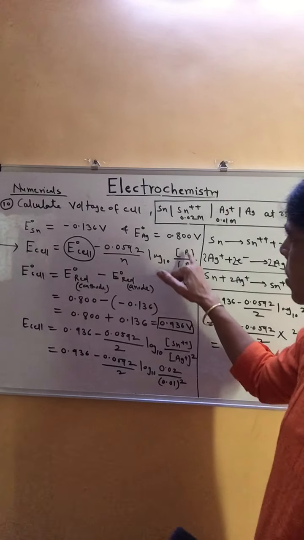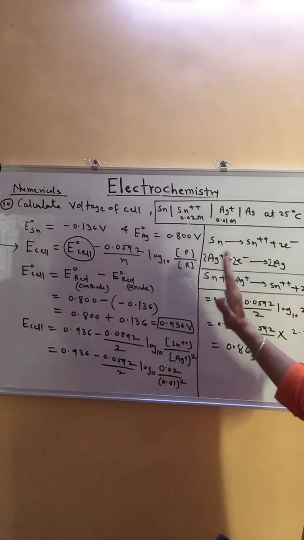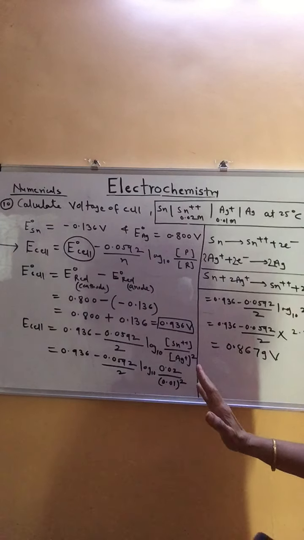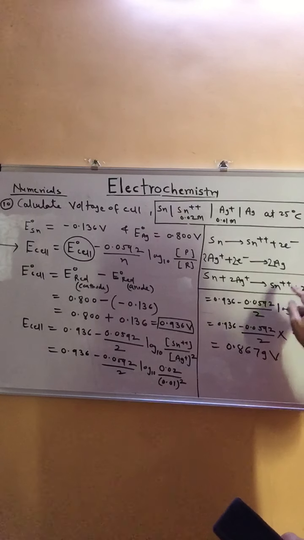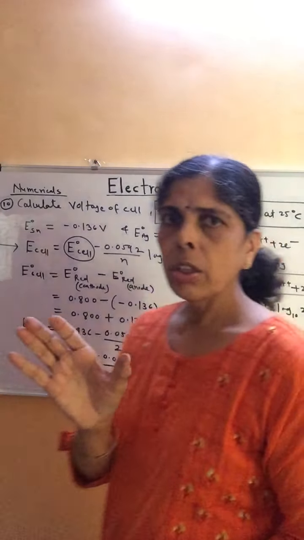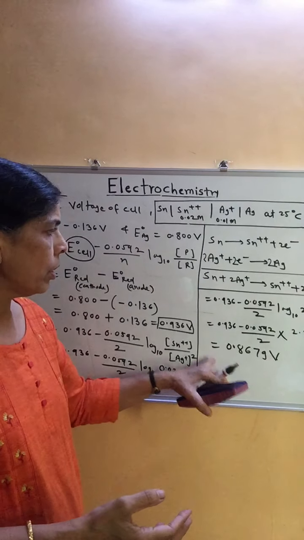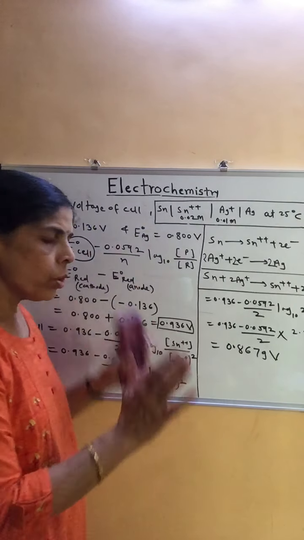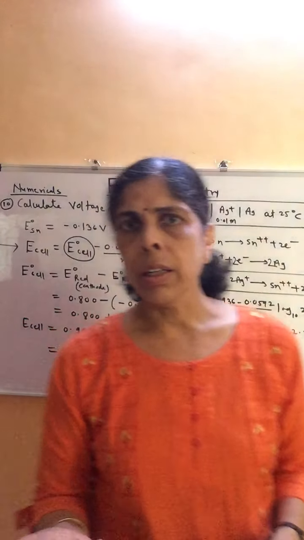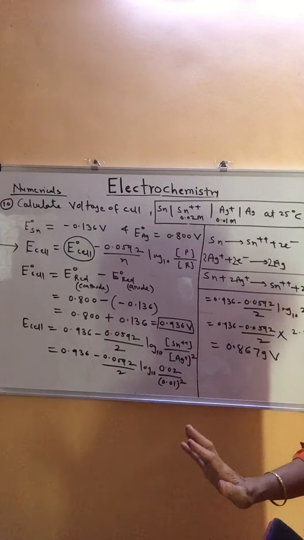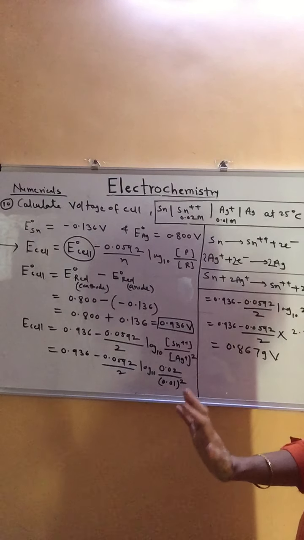Now, for getting the products and reactants, you have to write down the half cell reactions and then the complete cell reaction, so that in the complete cell reaction you get those products and reactants, whose concentrations are given in the problem. If you substitute all the values, finally you will get the cell potential. So step by step you have to proceed.